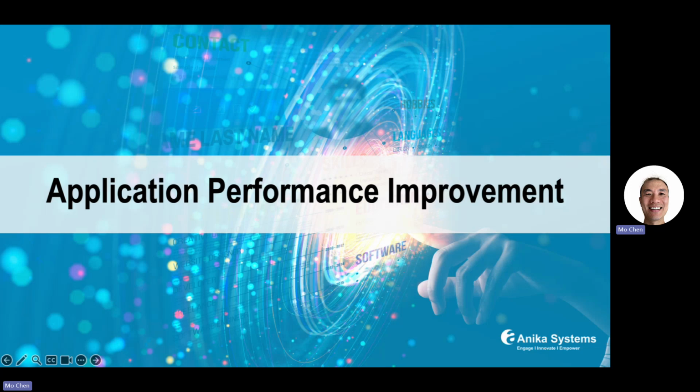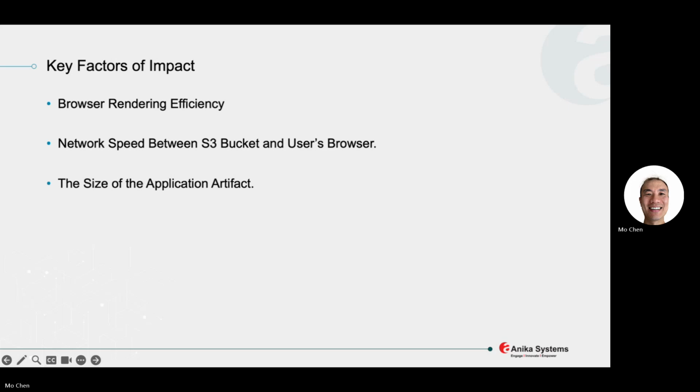Now we have a good understanding of how to audit the application. Let's take a look at what we can do to make it run faster. As the application is provided through an S3 bucket and running in the user's browser, we cannot accelerate the access speed by adding more server resources, but we can transfer the application artifacts to the client side within a shorter time.